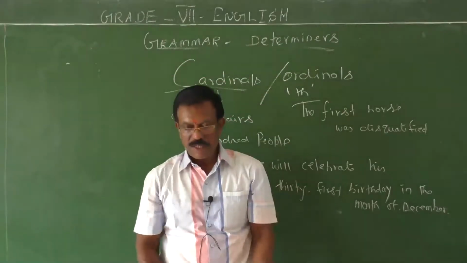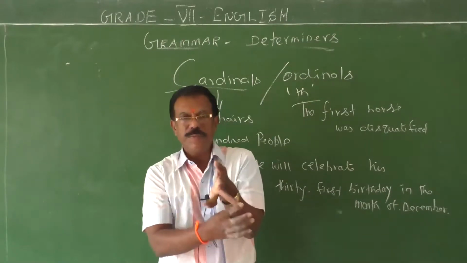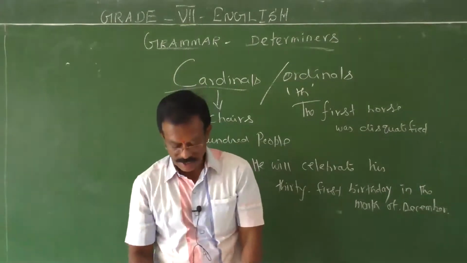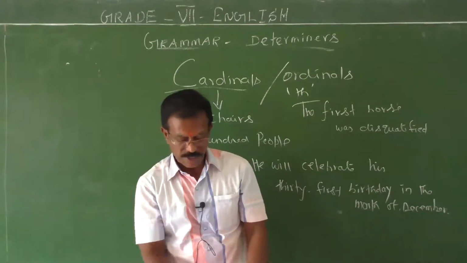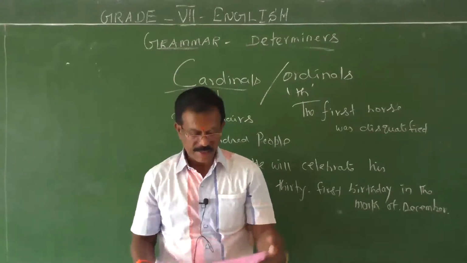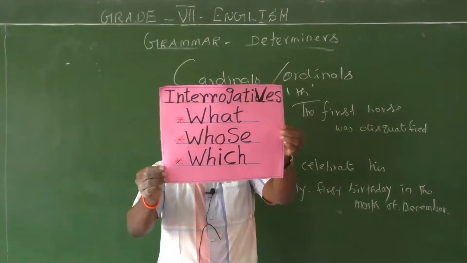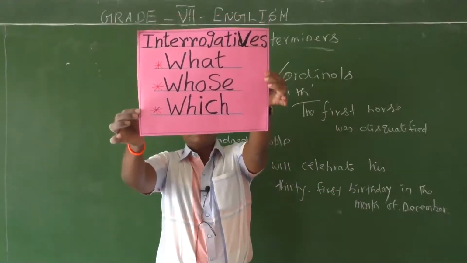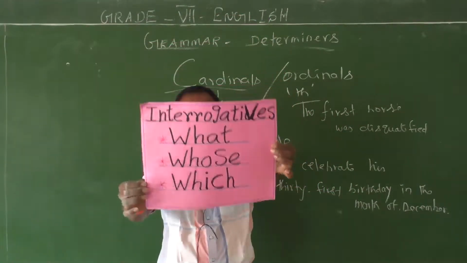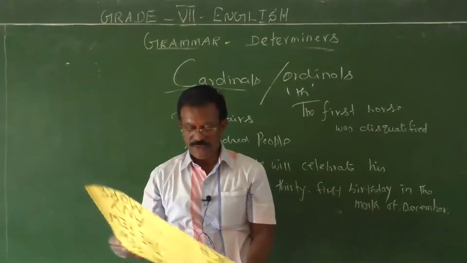And then articles, possessive adjectives, distributive adjectives, demonstrative adjectives, then interrogative adjectives. They help us to frame questions. At the same time they function as determiners. See: what, whose and which. So they are called interrogative adjectives. And last but not least, quantifiers.